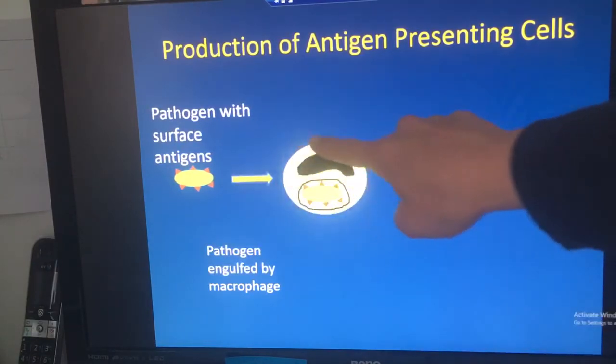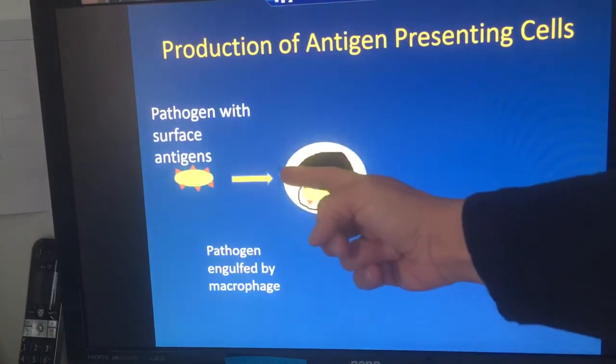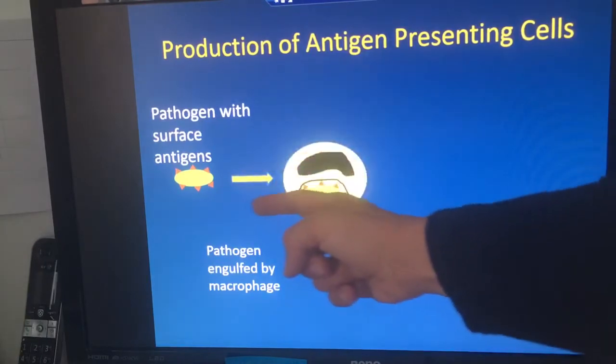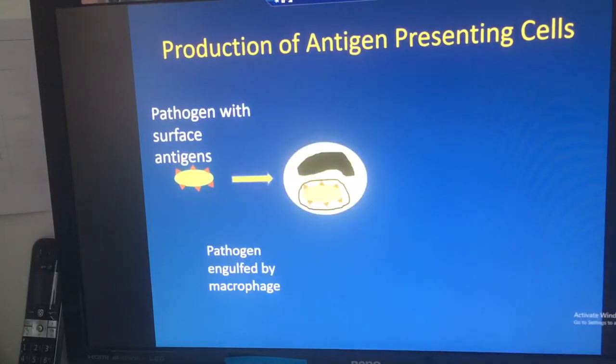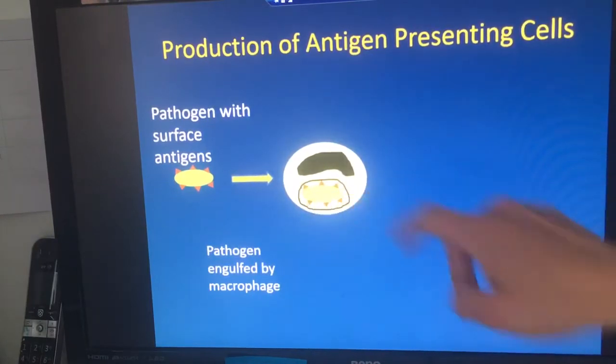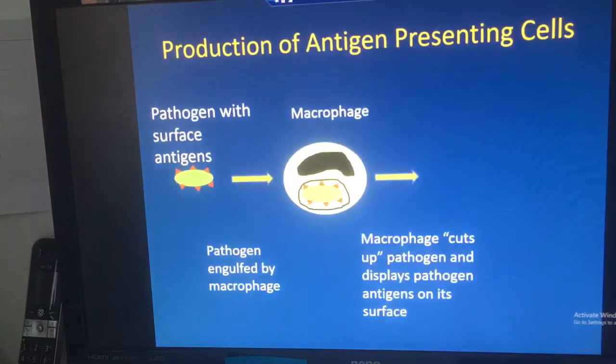The pathogen will be engulfed by the macrophage in the same way as the pathogen was engulfed by the neutrophil. So we will have the cell surface membrane of our macrophage invaginating around the pathogen and enclosing the pathogen within a phagosome. It's what happens next that's different in a macrophage.